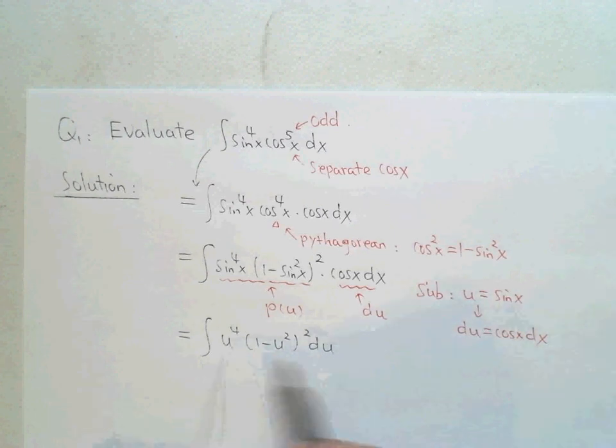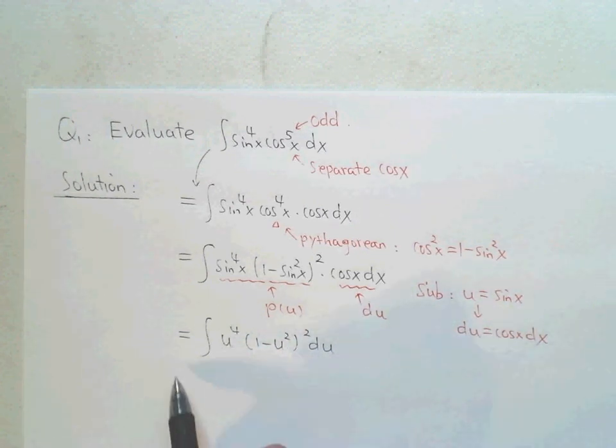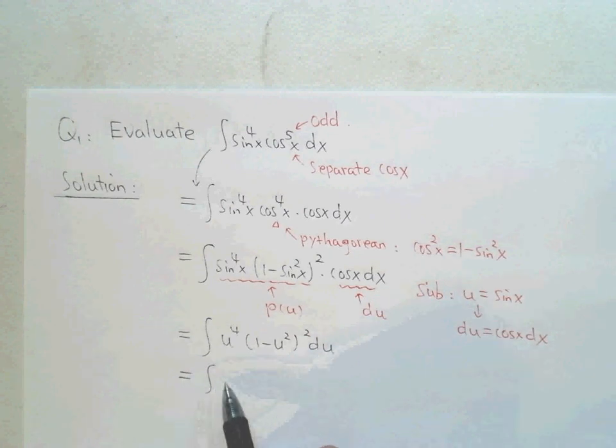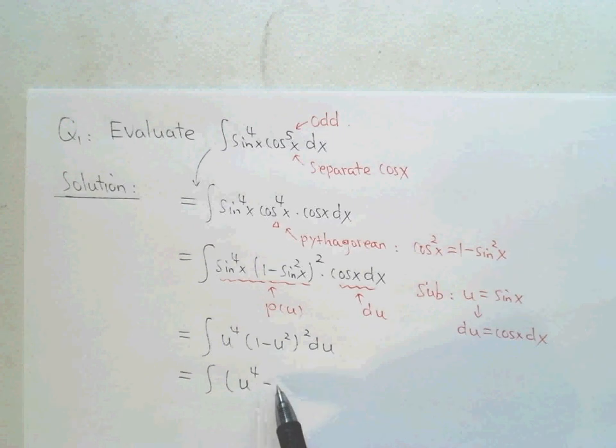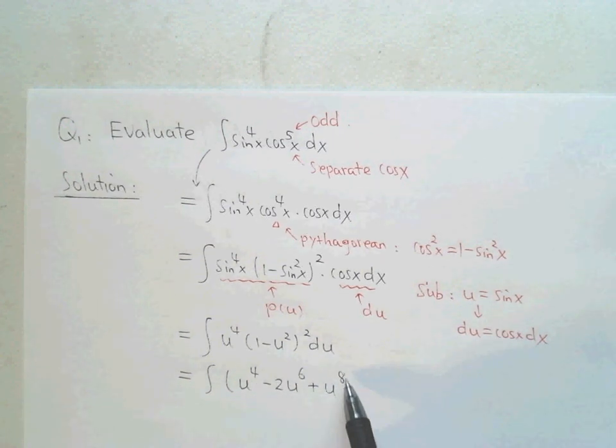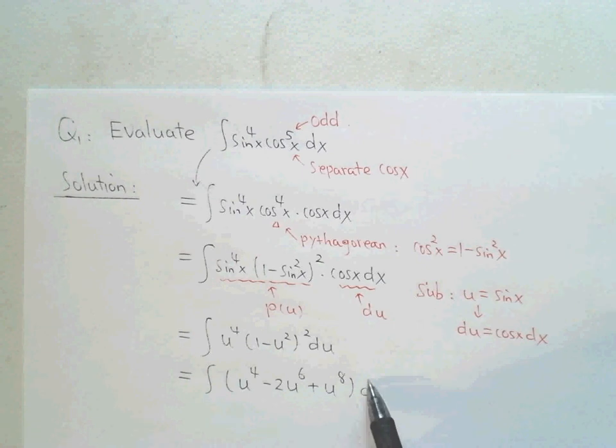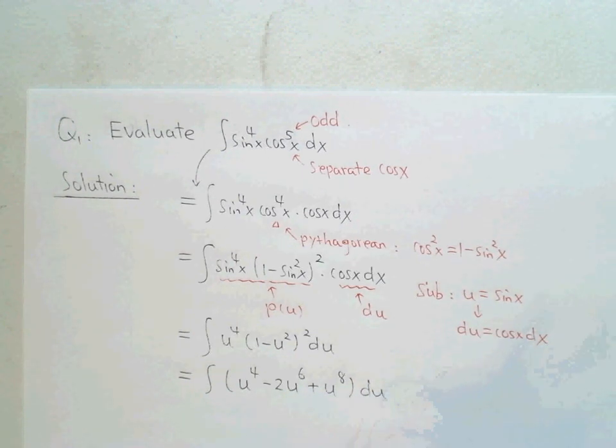See how easy. This is the perfect square, separate, and then do distributive. What do you get? I wrote here. You will get u raised to the fourth minus 2u to the sixth plus u raised to the eighth. This is the integrand, and this du.